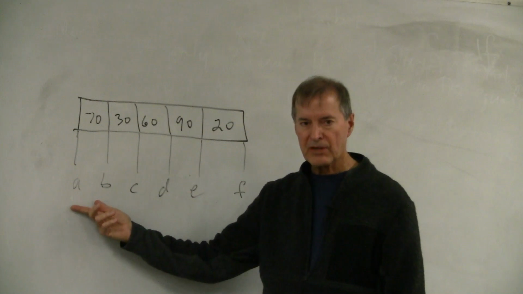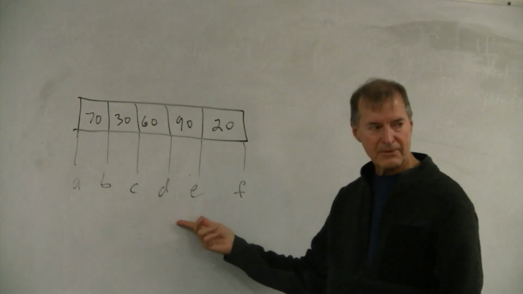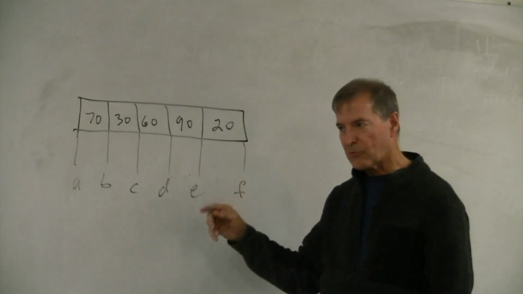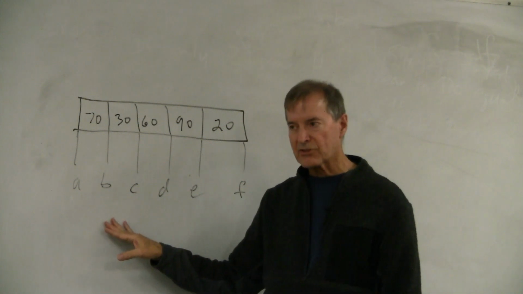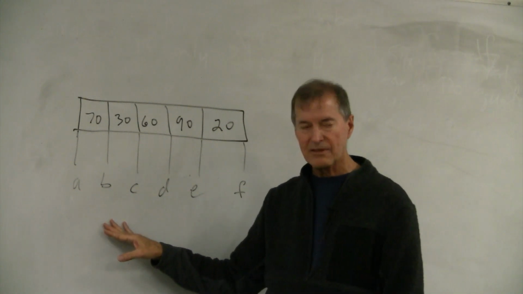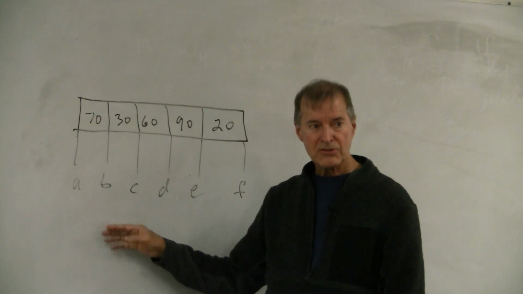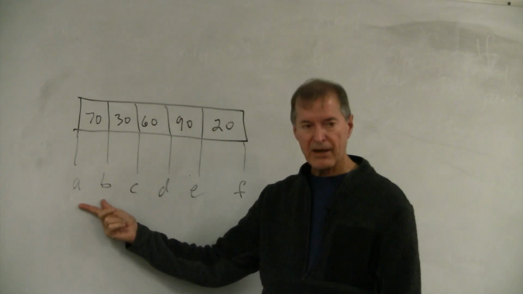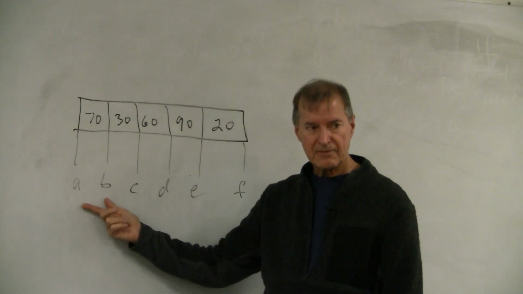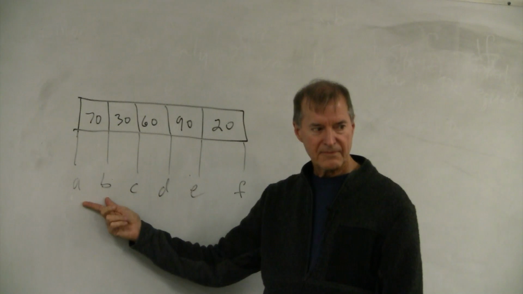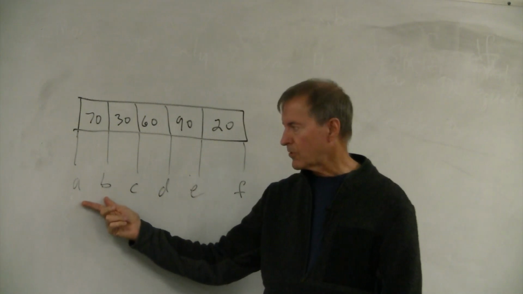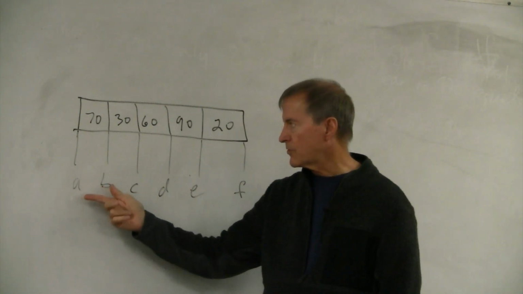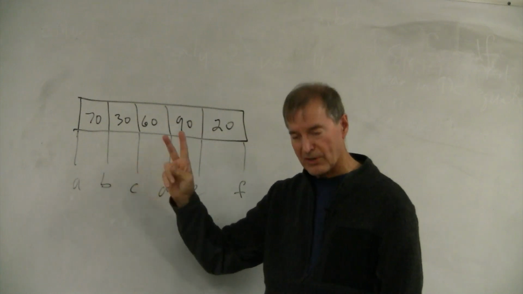So what are you going to have to do? You're going to have to go through in a loop, right? But you've got to be careful because there's how many children compared to how many data values? One extra. So in the loop, you'll have to do it in pairs. You do the A and the 70, you do the B and the 30. It's one of two ways you can do it.